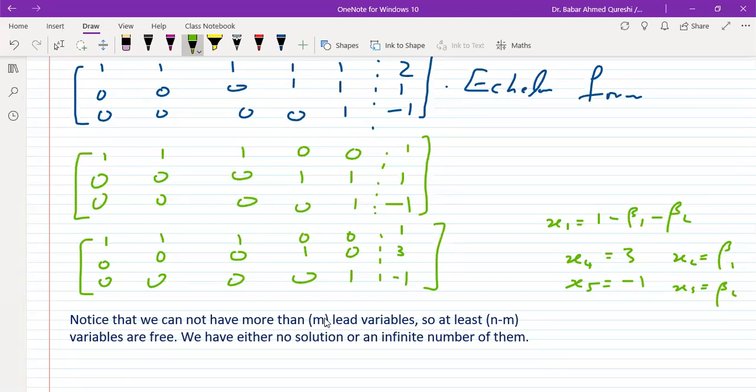Some row by chance becomes completely zero, and on the other hand side of it, you encounter a non-zero number. So you can have an inconsistency like we had in our example. But if you don't have an inconsistency, then you will necessarily have an infinite number of solutions. You cannot have a unique solution.